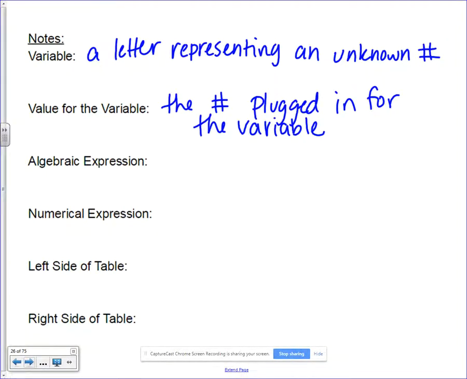What do you think? If I tell you x is 7, are you going to leave the x in there and put in the 7, or are you going to take the x out and put in the 7? Yeah, it's substitution, folks. It's like the football game tonight. If somebody goes in, somebody has to come out, right? Otherwise, we get a penalty for too many guys on the field. Everybody understand?